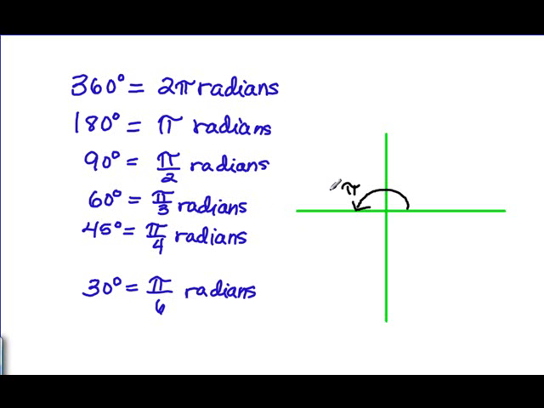What if I wanted to draw pi over 6? Well, pi over 6 is taking pi and dividing it into 6 different units, so it would look like a rotation like this.